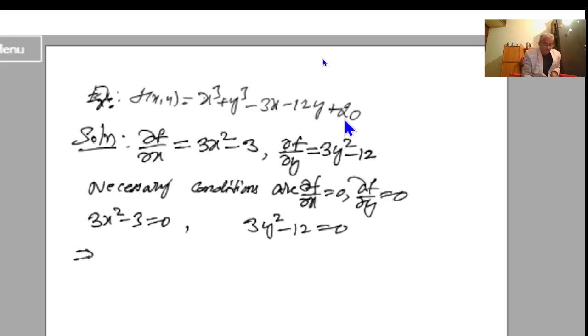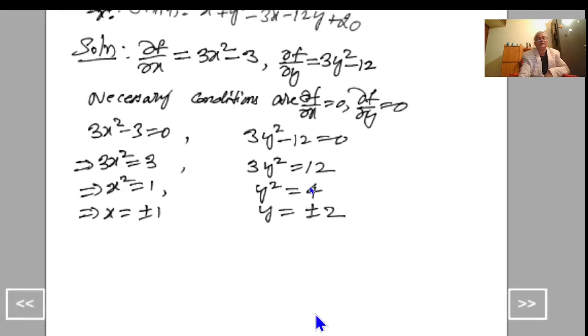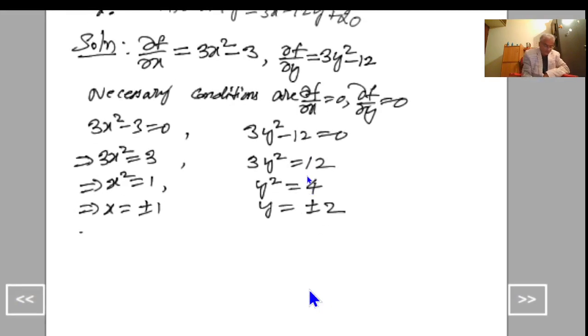So this implies 3x square equal to 3 and 3y square equal to 12, which means x square equal to 1, y square equal to 12 by 3, this is 4. This implies x is equal to plus or minus 1, y equal to plus or minus 2. Okay.